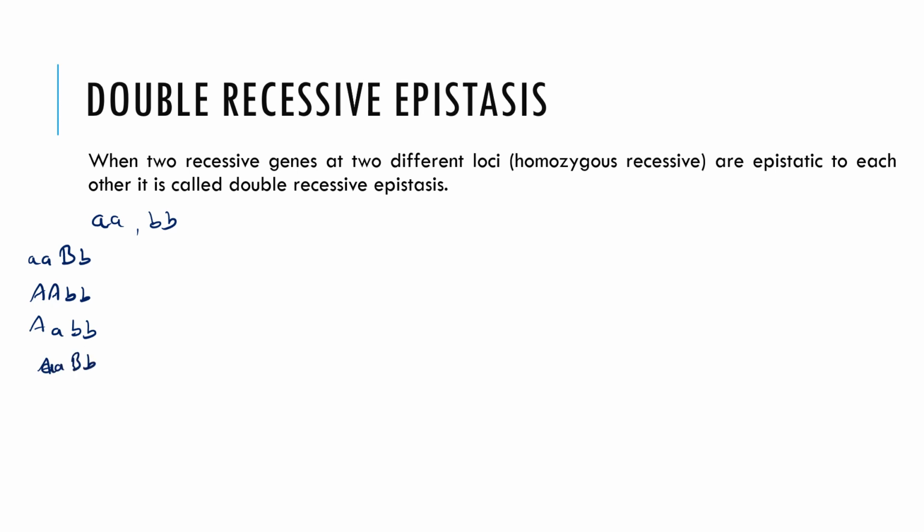All of them will give the same phenotype. Same phenotype. So this is exactly opposite to the double dominant epistasis.